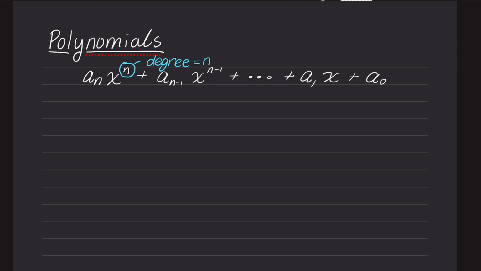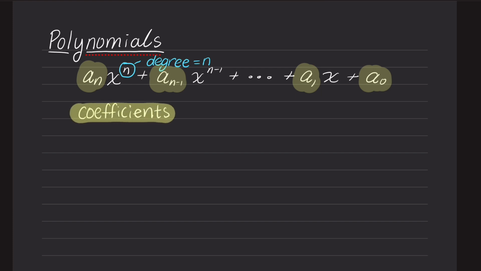And then we have these different coefficients here. So this a sub n minus 1, a sub 1, and a naught. These are all coefficients of our different x terms, right? And then this a naught gets a special name.